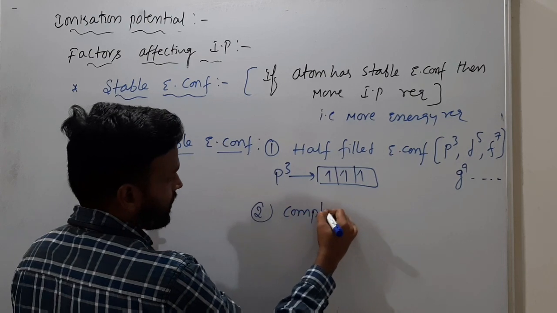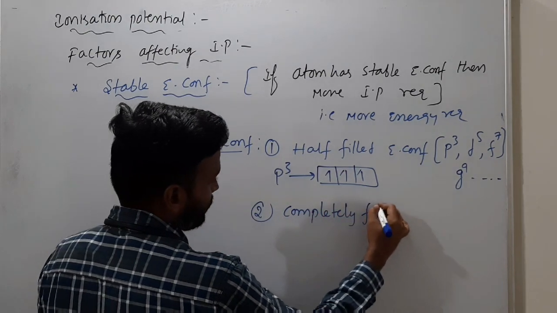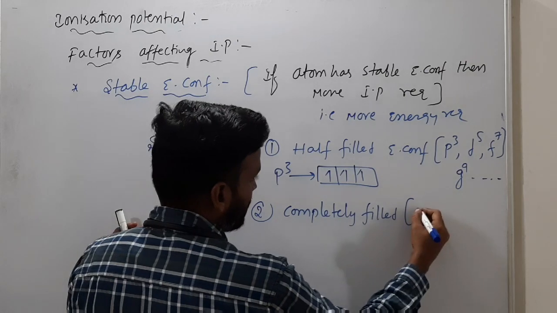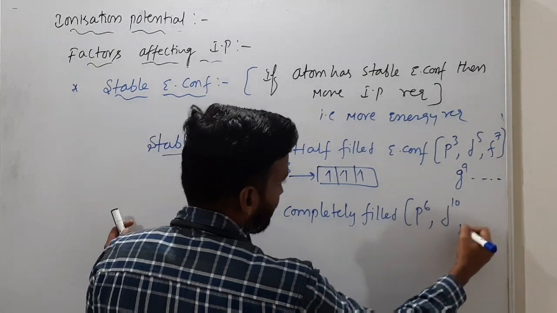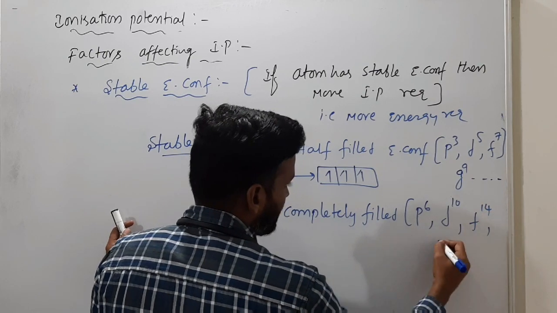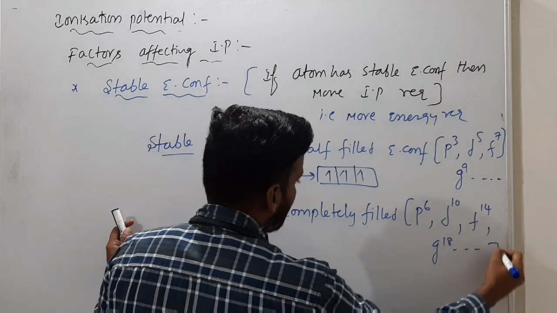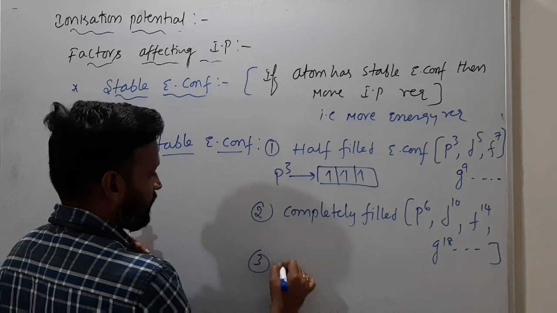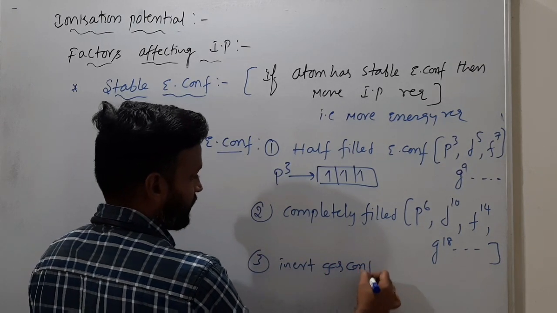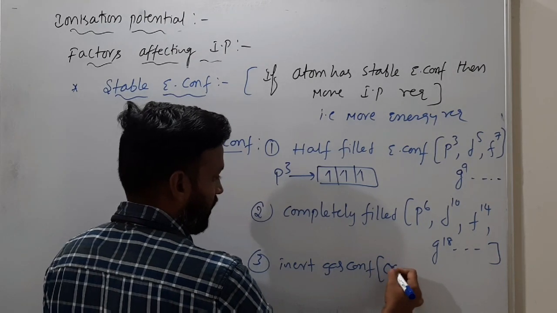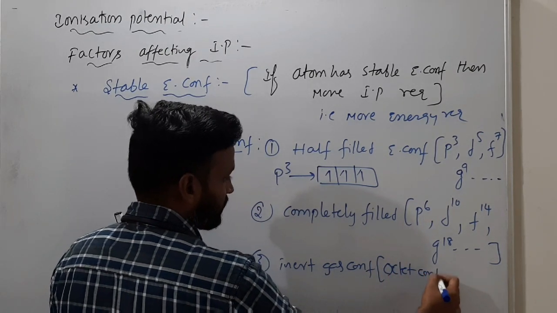Next one is completely filled electronic configuration. That means P6, D10, F14, G18, and so on are completely filled. Third one, inert gas configuration, which is also called octet configuration.